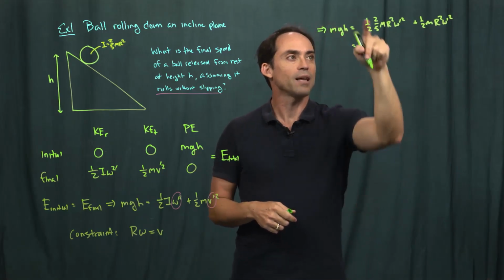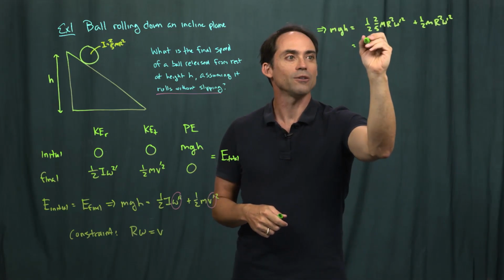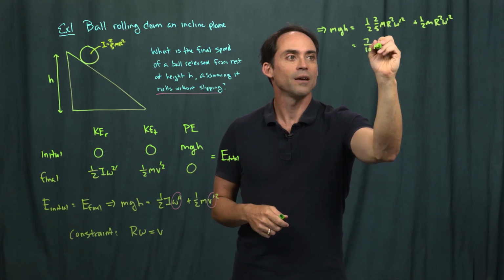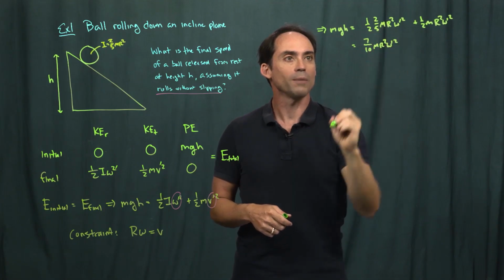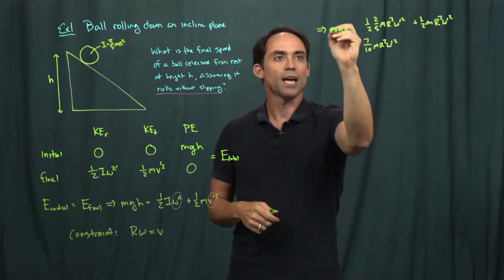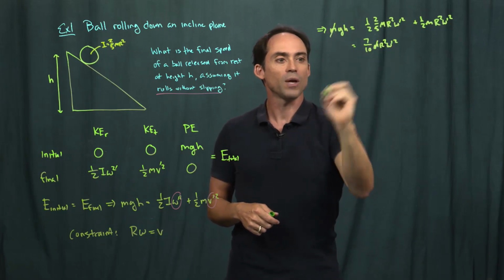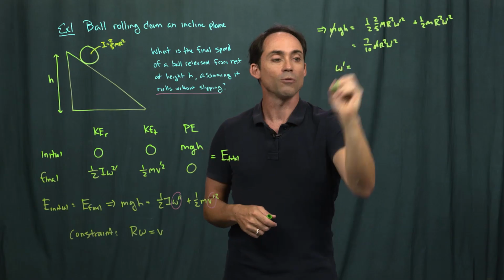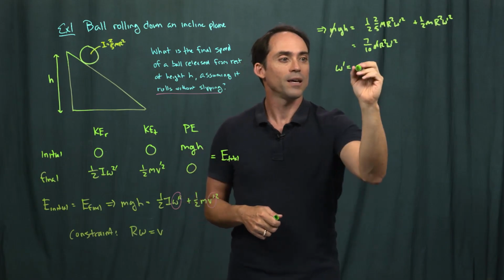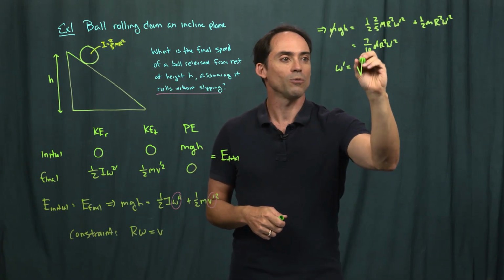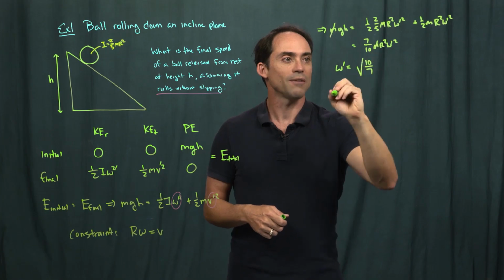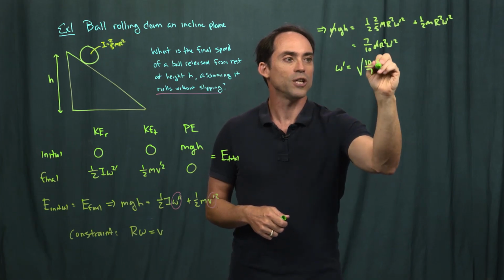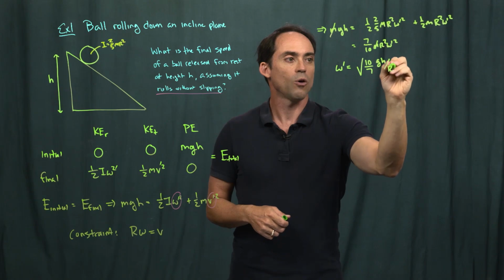Okay, so combining that, that's 1/5 and 1/2, so that turns out to be 7/10 mr squared omega prime squared. And you can see we can cancel out our masses, and we can get a final expression for our rotation rate, omega prime, is just equal to the square root of 10/7 times g times h over r squared.